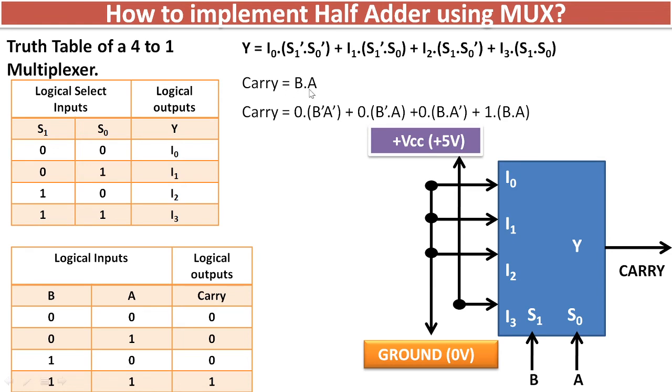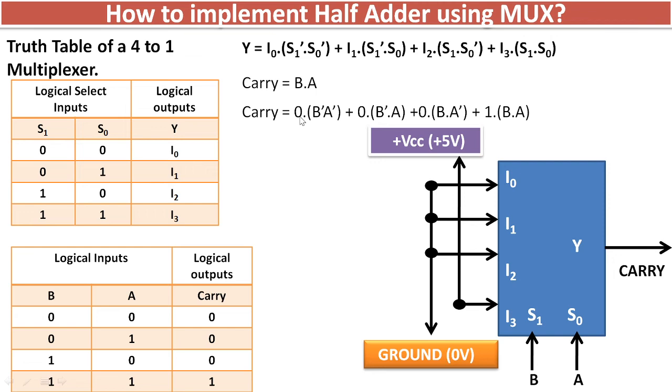Now again we are considering S1 as B, S0 as A. So this particular expression where carry is BA can be extended to B bar A bar, B bar A, BA bar, and BA. Among the four terms, only one of the terms is available. Therefore, other terms are nothing but 0. B bar A bar, 0. B bar A, 0. BA bar, and the last term which actually is available is 1.BA.